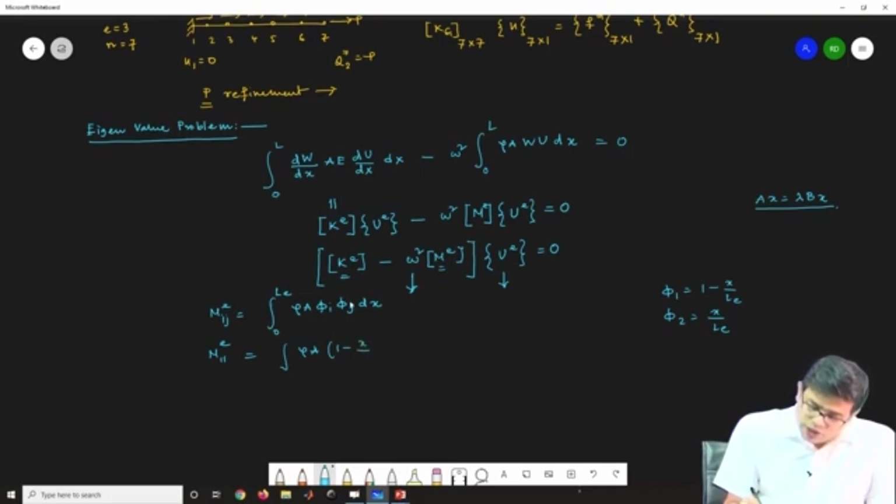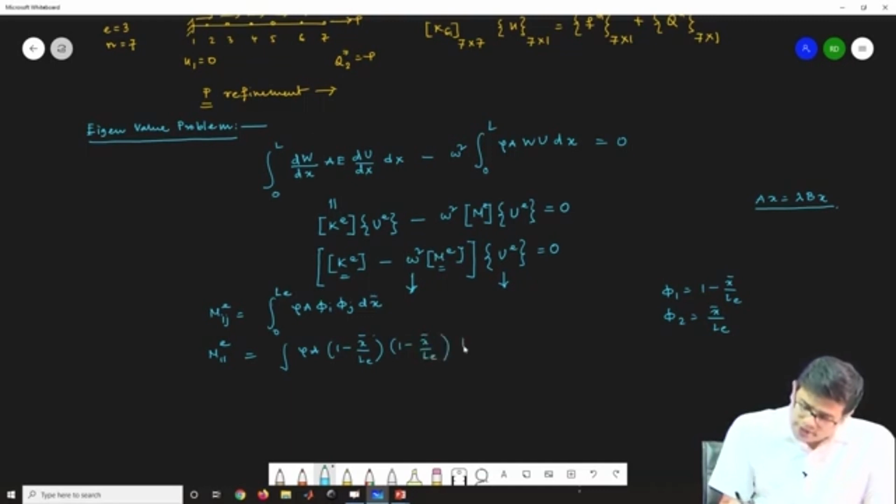You can well use the bar quantity if you want, because it is in the local coordinate system.